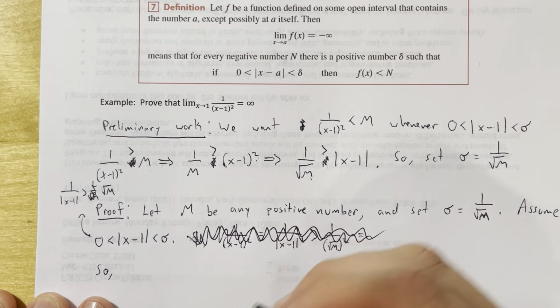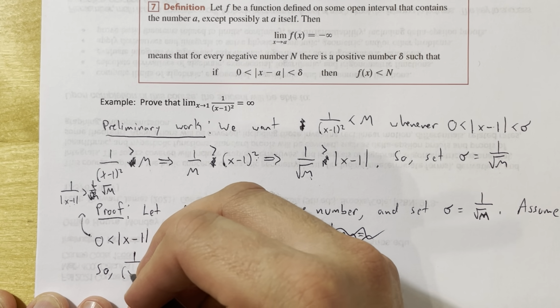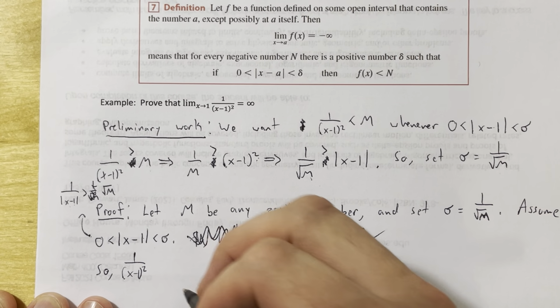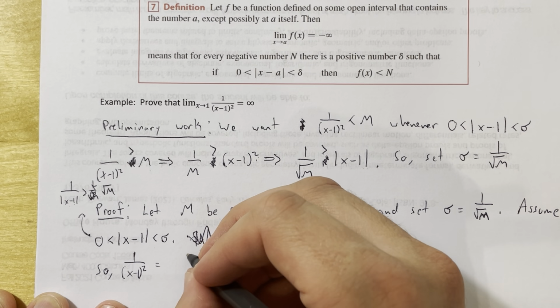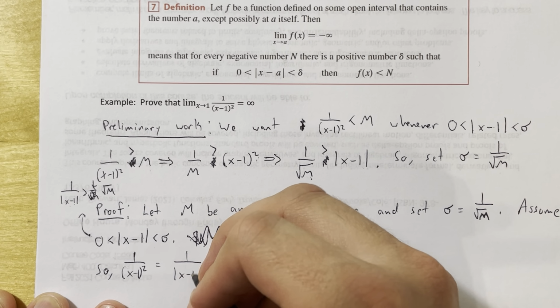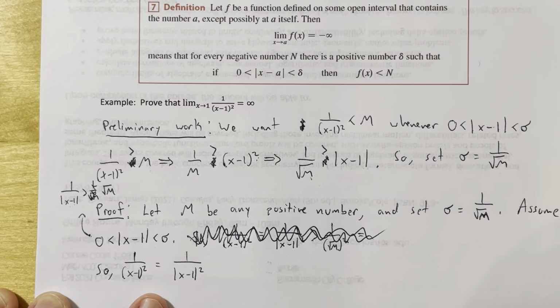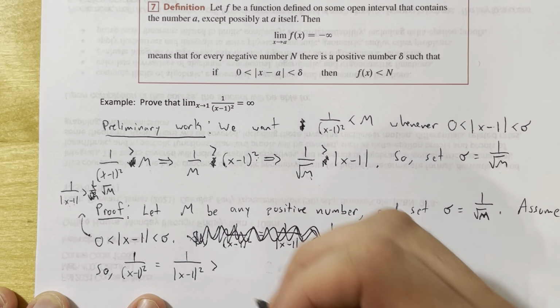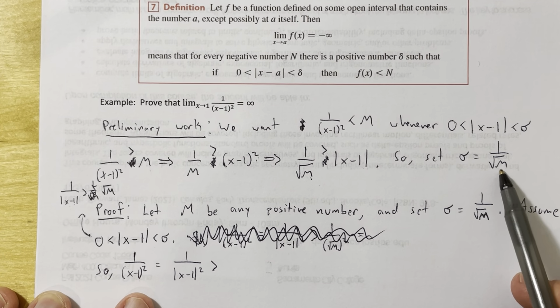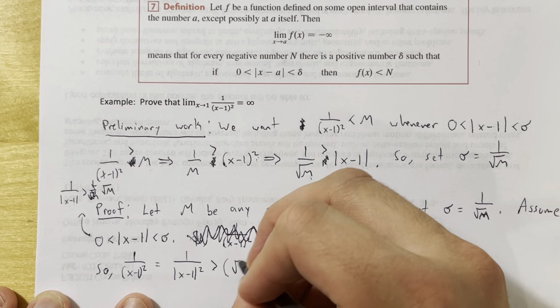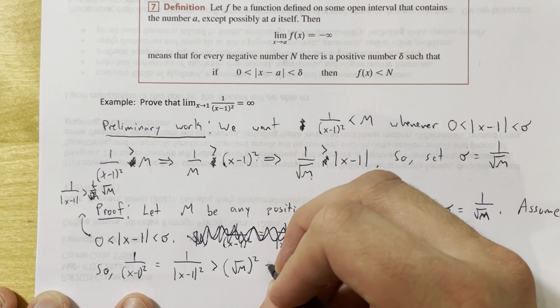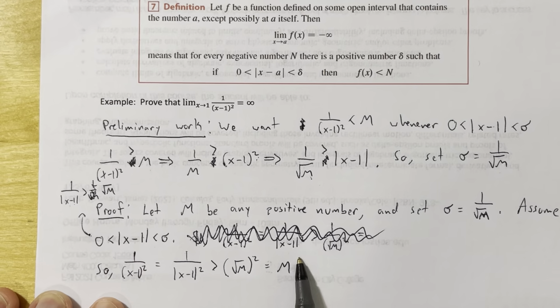So, okay, 1 over (x minus 1) squared is equal to 1 over the absolute value of x minus 1, squared, which would be greater than the reciprocal of 1 over root m squared, which would just be root m squared, which equals m. Okay, that's what we were trying to prove.